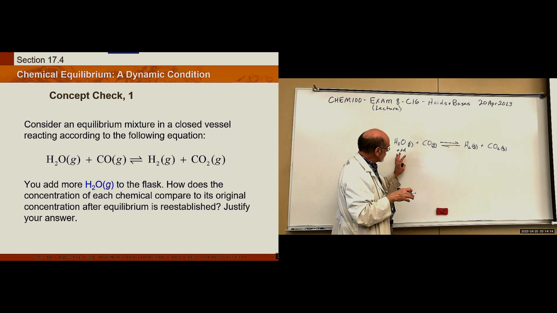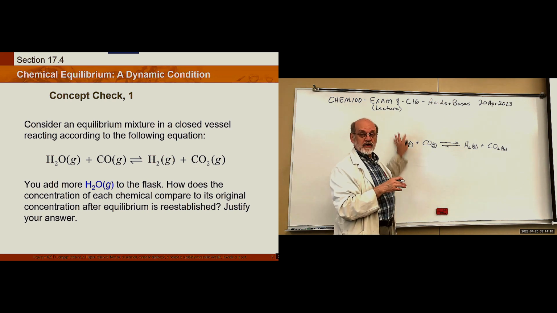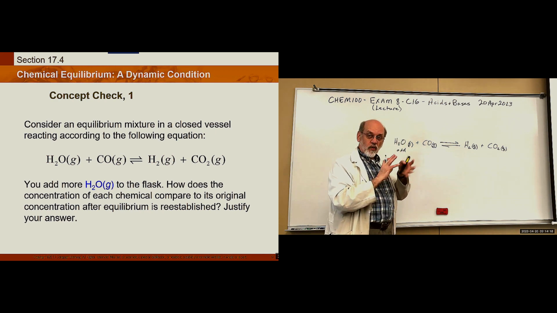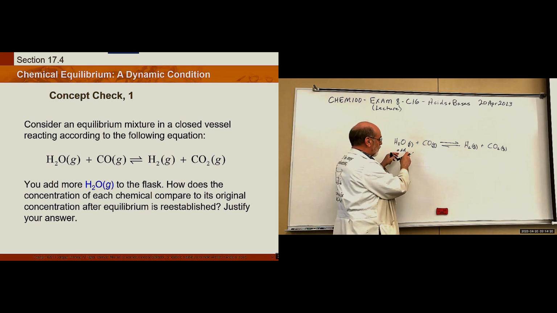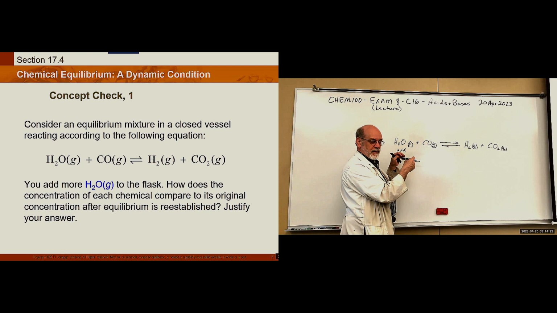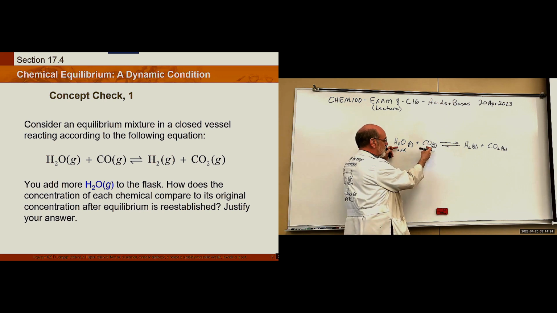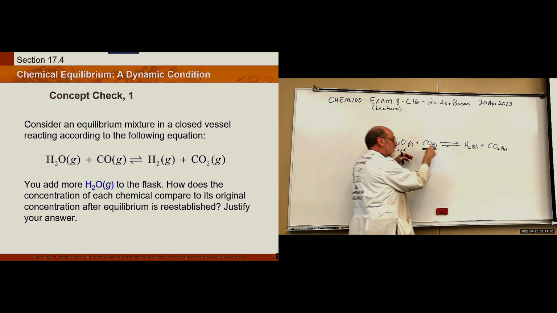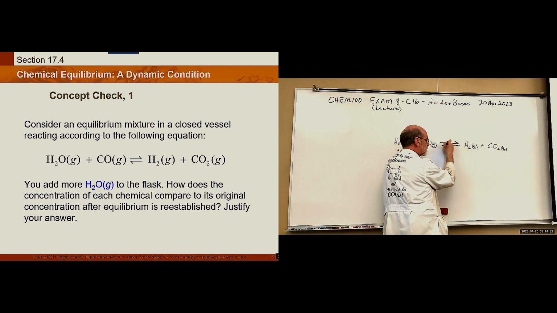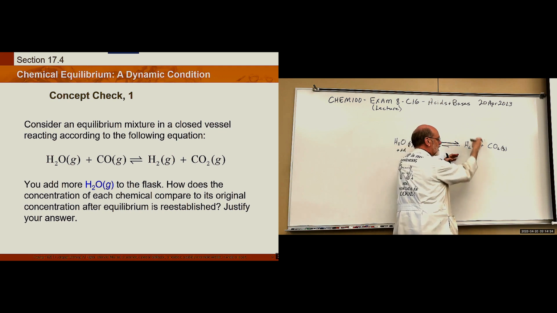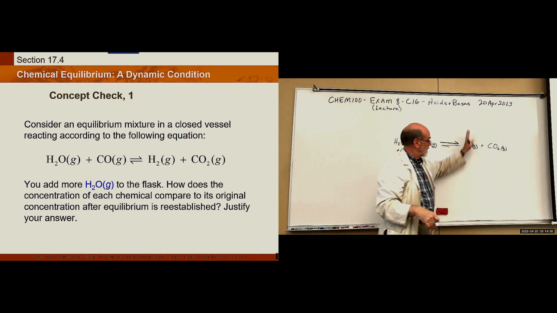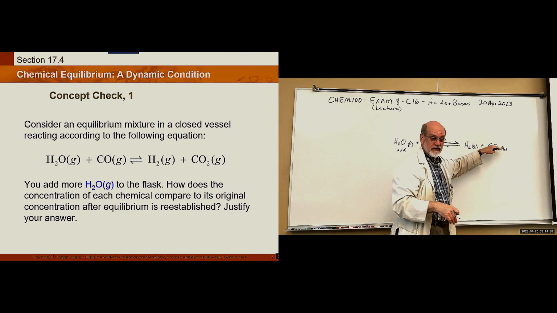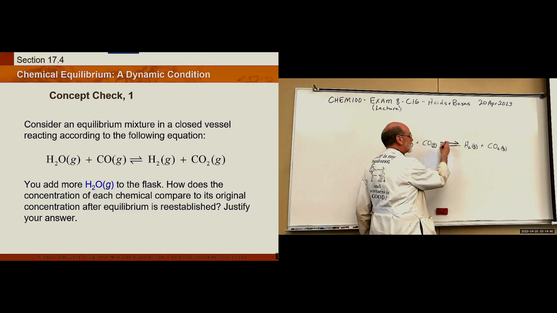Well, since we've increased the number of molecules of water, now you have more interaction, more possible reactions between any carbon monoxide that's in the vessel and the added water. So now you get an increased rate in this direction until you build up some more of the products, and now their reverse reaction again balances it.